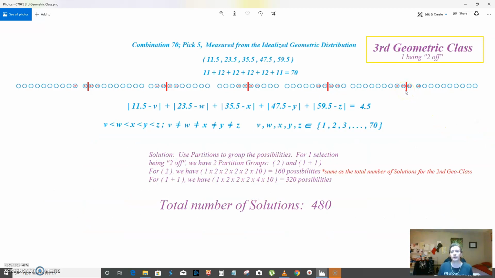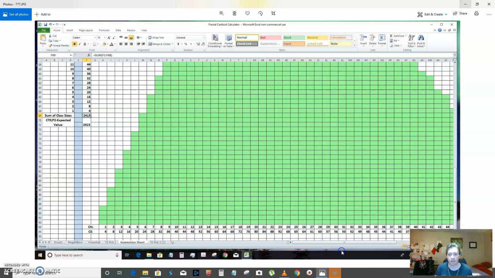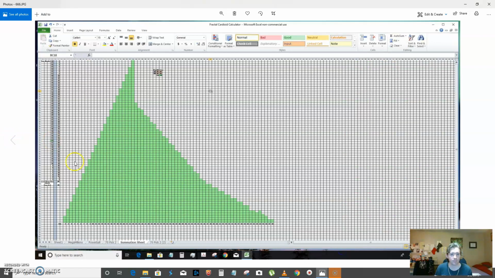Moving on, this is where it gets more mathematical, because eventually there are going to be thousands and thousands of combinations. If you remember, see how there's a regular increase in class sizes up to the largest class, the 23rd class.